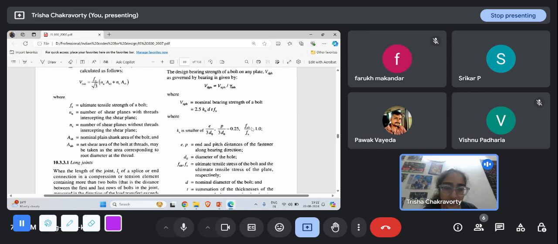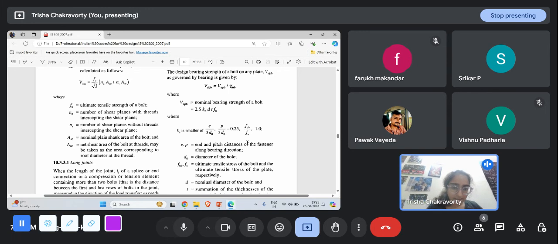See, this factor actually corrects it. This kb factor, if the fu is the smaller, right? So if fub is by chance lesser than fu, what I am telling is, we expect that fu, the tensile strength of the plate, is always going to be lesser than fub.